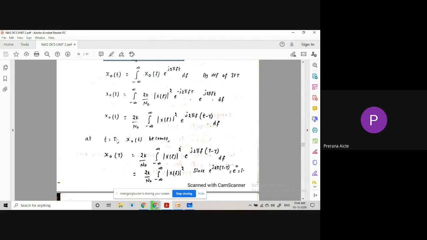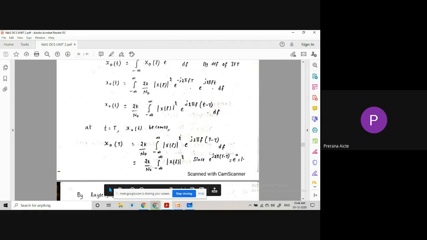Because the bit is there for a duration of T seconds, either 0 to T, T to 2T, or 2T to 3T, the bit duration is a total of T seconds. So at t equals T seconds, x naught of t equals 2K by N naught e power j2 pi f, where small t is replaced with capital T. So we get 2K by N naught times the integral of mod X of f whole square.